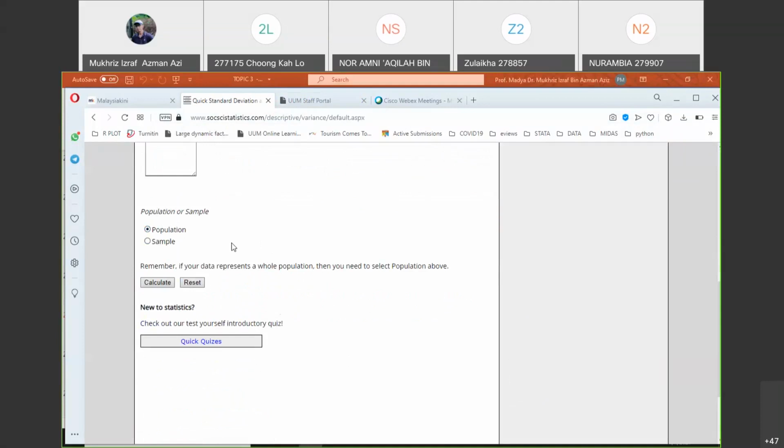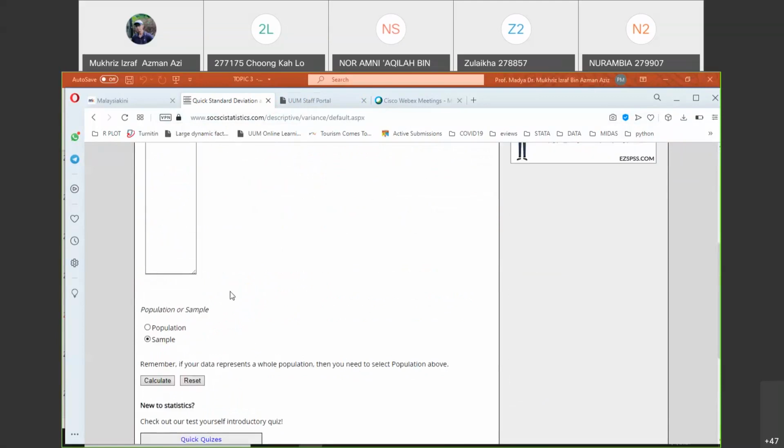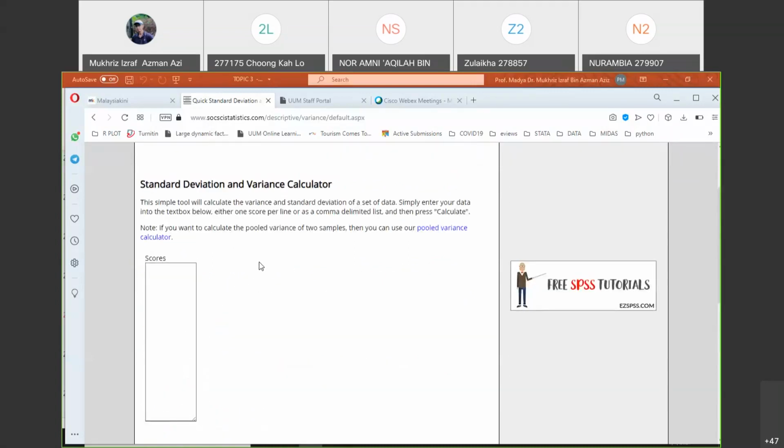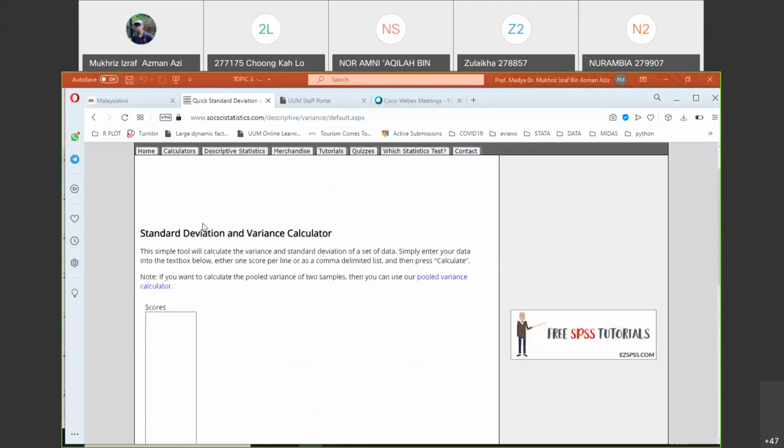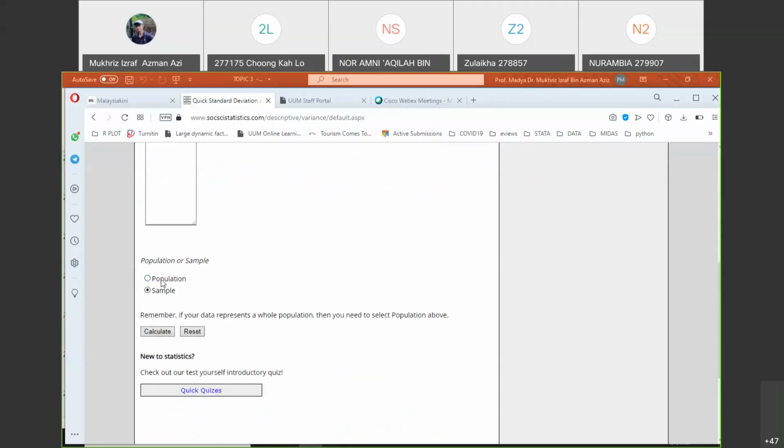If it belongs to a sample, you choose sample and then click calculate. So this is just a matter of choosing the right option. The same thing applies if you're using your Casio or Canon calculator, which also has a similar option for calculating sample variance or population variance. You need to know which button or option to choose in your calculator. For the online tool, it is clearly specified, population or sample.